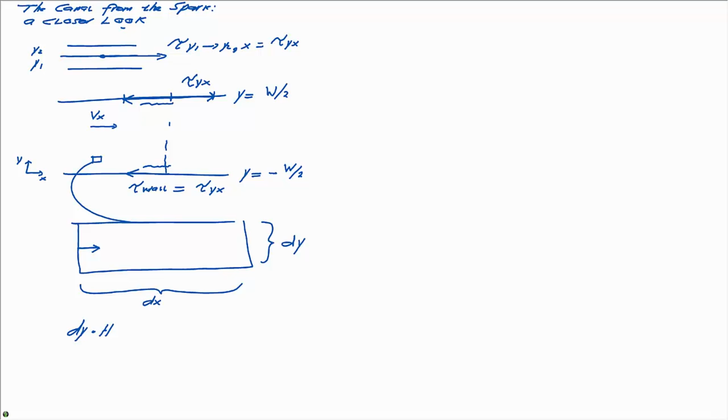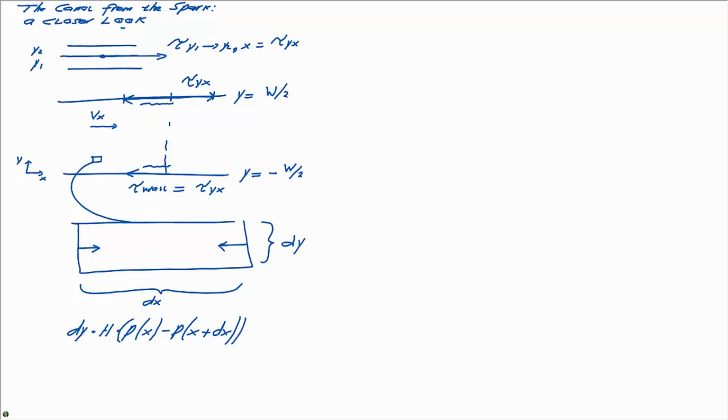So then we have a tiny surface dy times h, multiplying this times p at a location x, we have the force there. Now, on a surface with exactly the same magnitude on the other side, we have p at x plus dx.